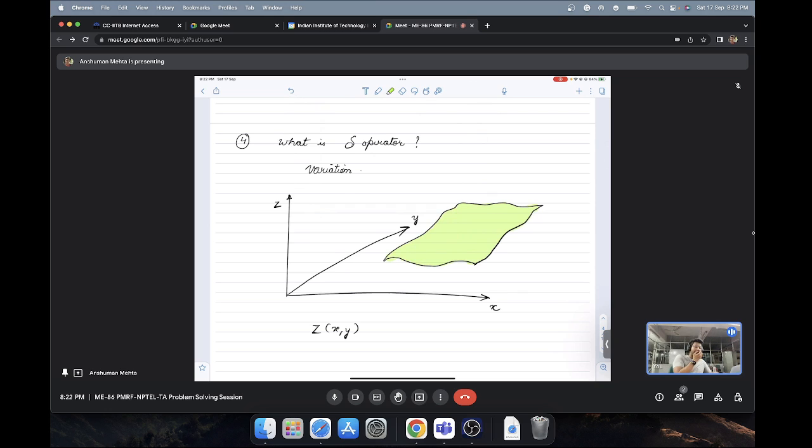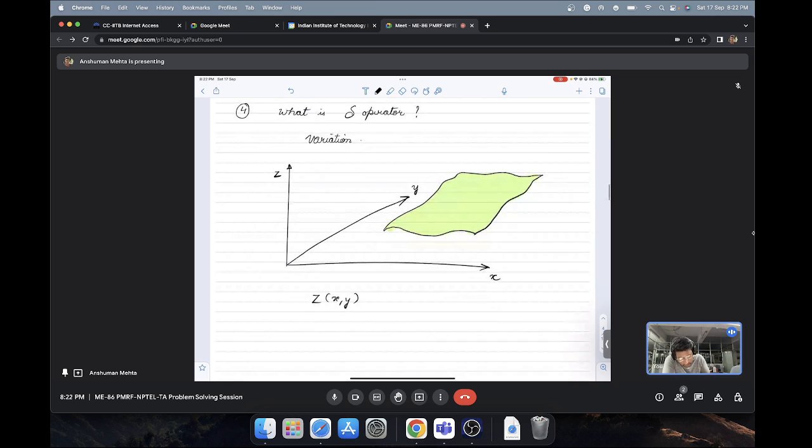Okay, so let's say this is a surface, a 3D surface, and z is a function of x and y. Now, if somebody asks what is dz, so dz will be some small area, dx and dy.